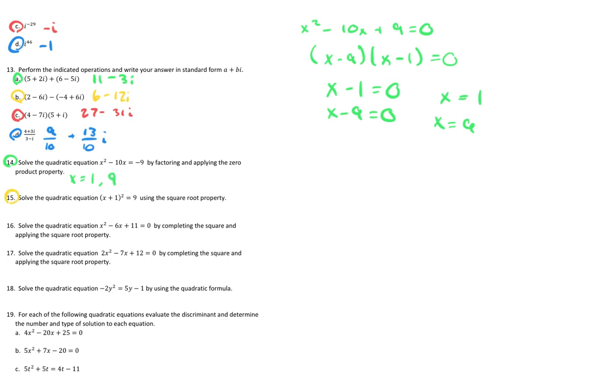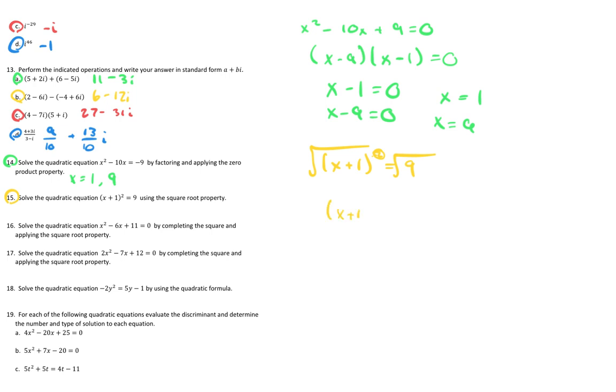Okay, 15, we're going to solve the quadratic using the square root property. So if we have x plus 1 squared equals 9, square root property, basically we're just going to take the square root of both sides. And whenever we take the square root of something that's squared, like this, we basically just get to cancel it out.